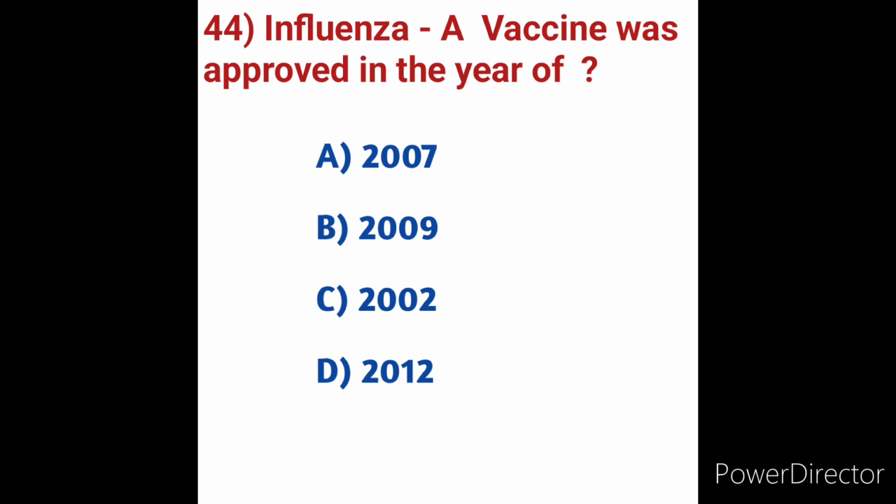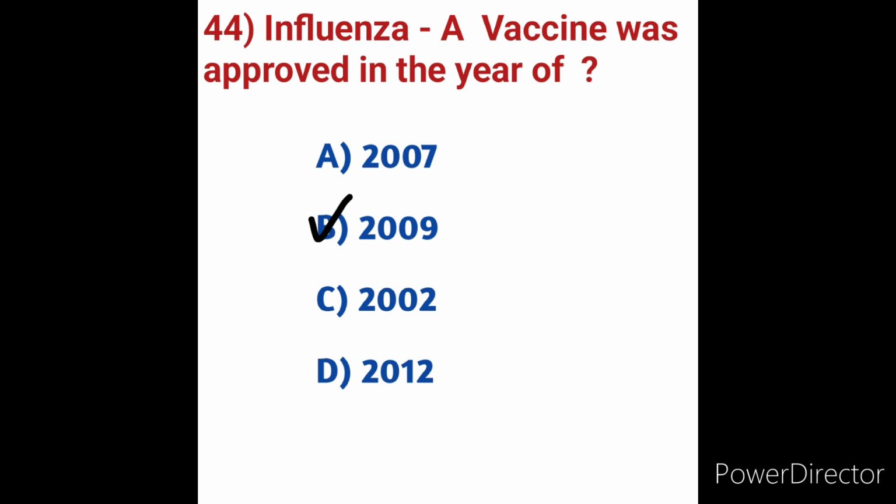In 2009, a swine flu pandemic caused by the H1N1 influenza virus was declared by the World Health Organization from June 2009 to August 2010. So the influenza A vaccine was approved in the year 2009. So option B, 2009, is the correct answer.